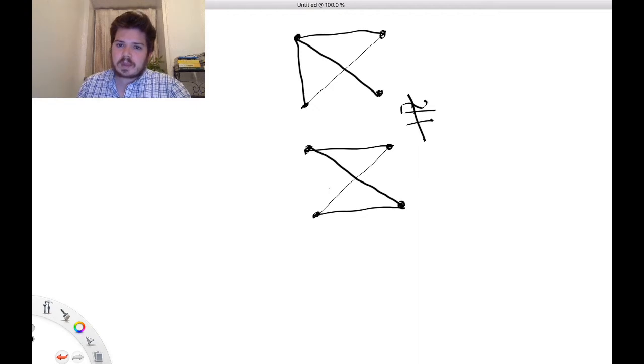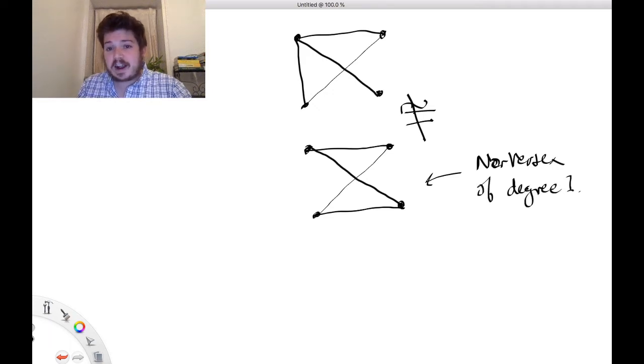Well, very easily you can see that this graph has no vertex of degree 1. Right, this one is very easy. This graph, you can easily see there's a vertex of degree 1. But this graph has no vertices of degree 1. In fact, all of them are of degree 2.